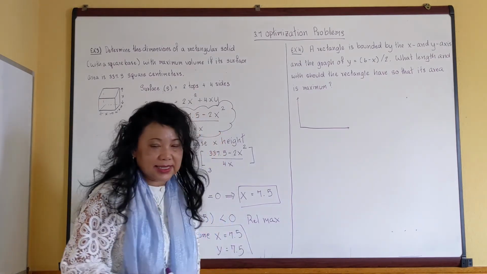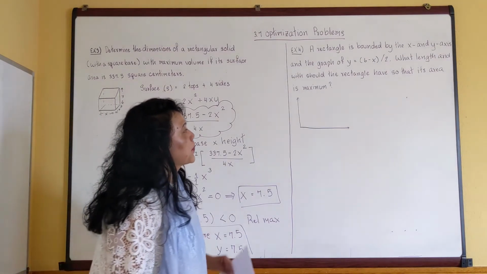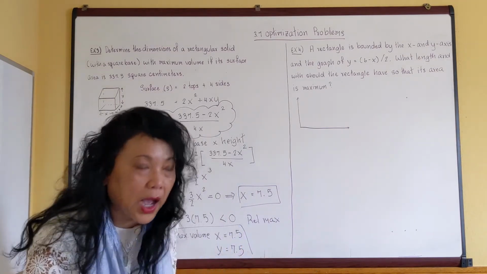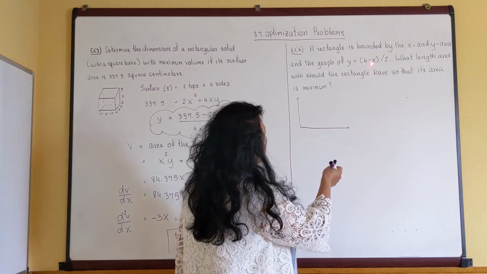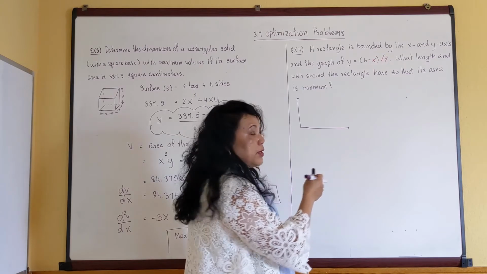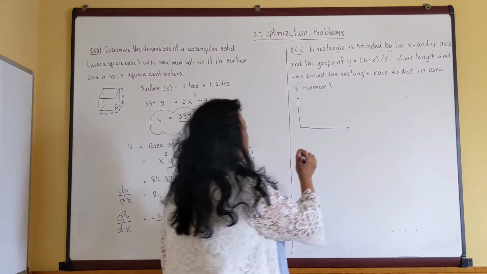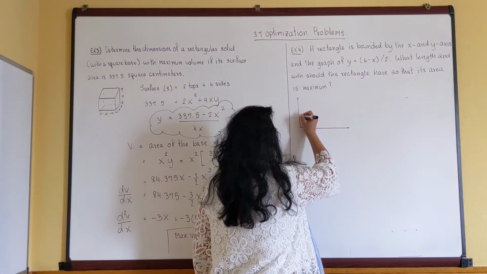Alright, so let's graph this. This is linear, alright? If I substitute 0 for x, I'm going to have 6 divided by 2, which is 3. So when x is 0, y is 3.